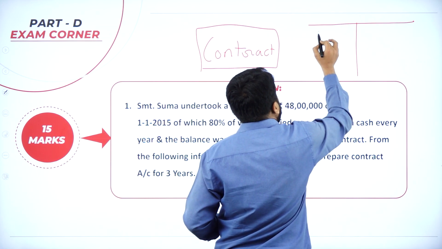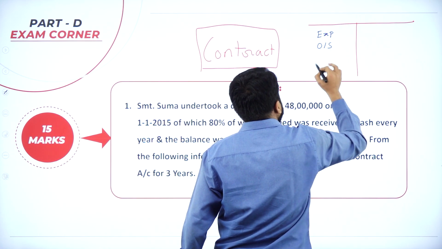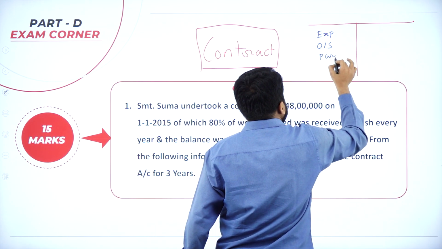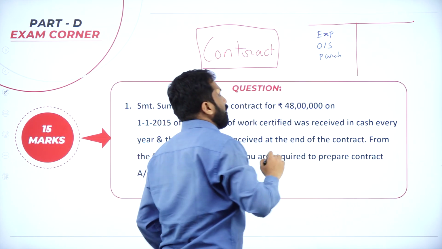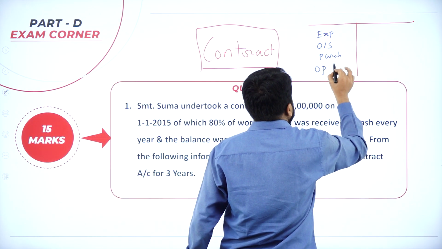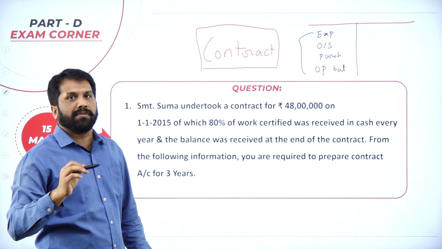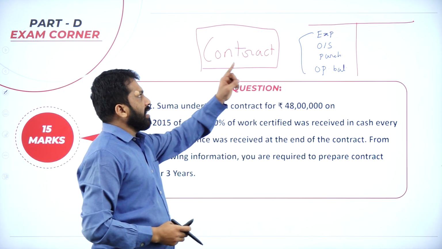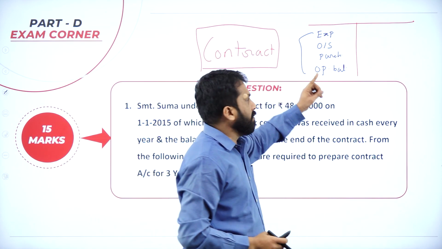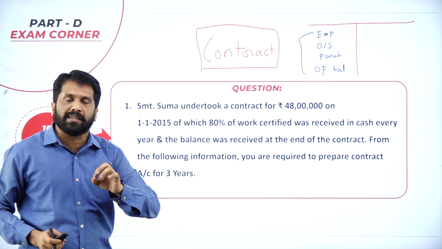Debit side, all the expenses, all the outstanding, all the purchases come under debit side. Clear? And one more is opening balance. These 4 come under debit side. Again, I'll repeat. All the expenses, all the outstanding, all the purchases, all the opening balances come under debit side.